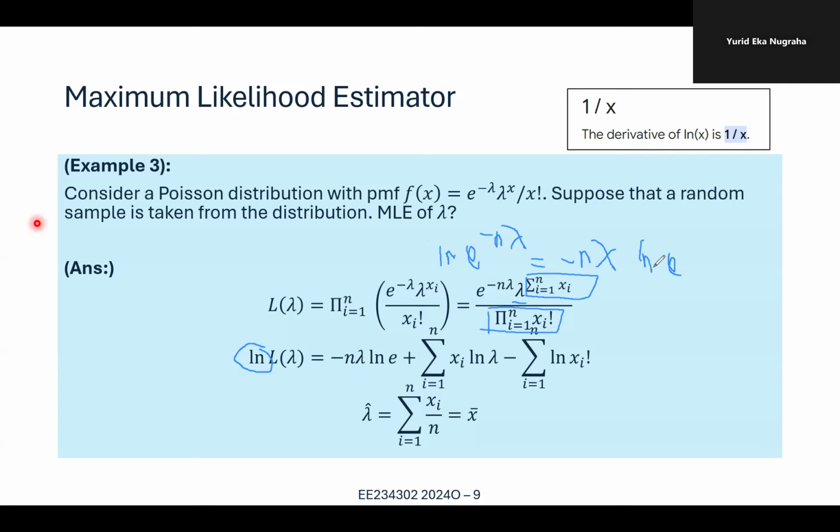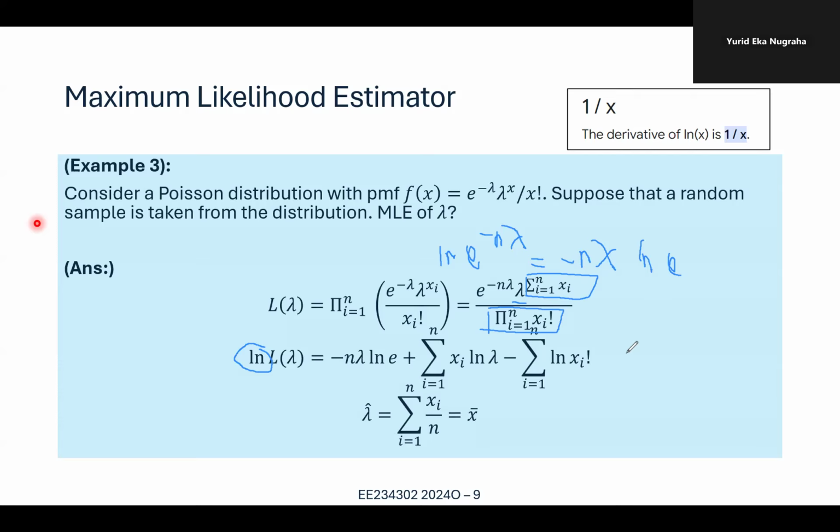I think you knew this from high school. And then if you have ln of lambda to the power of all of this, the exponent goes to the front, then ln lambda, and we also take ln of xi factorial.